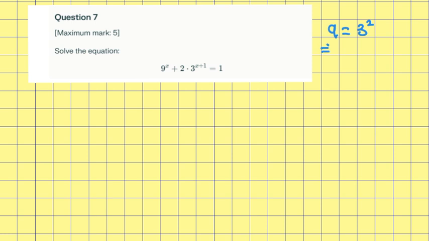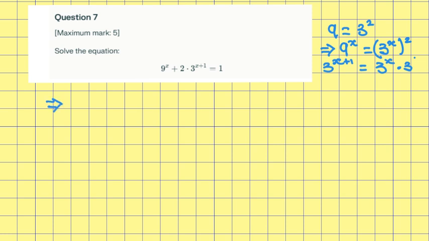So therefore, I can write 9 to the power of x is equal to (3 to the power of x) squared. 3 to the power of x plus 1 is equal to 3 to the power of x times 3 to the power of 1, which is just 3.